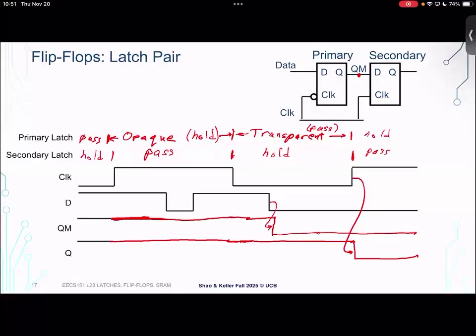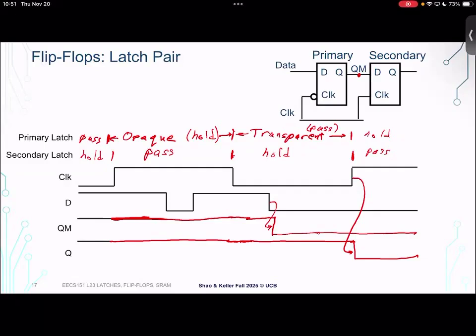So do you see how this is exactly the flip-flop behavior that we wanted? On the positive edge of the clock, update the value of D to go to Q. Otherwise, just keep Q as is. Right? The primary latch sets up capturing the value of D and stores it at that internal node QM.